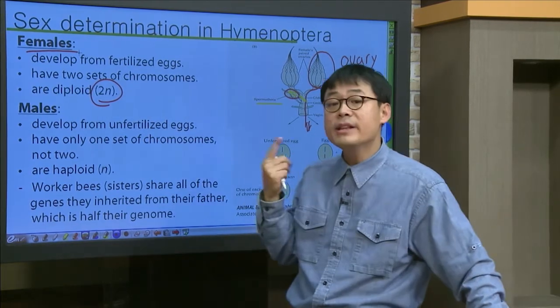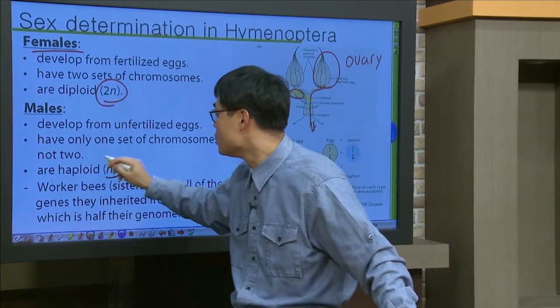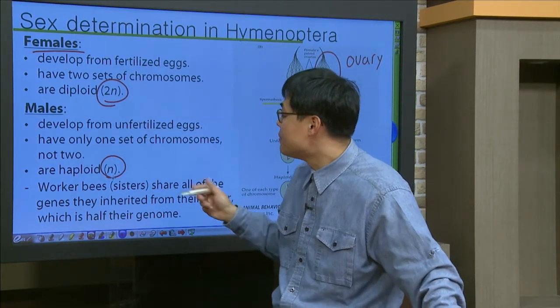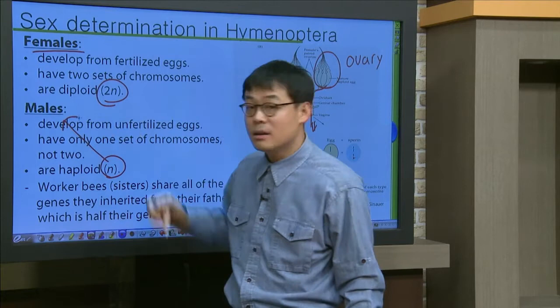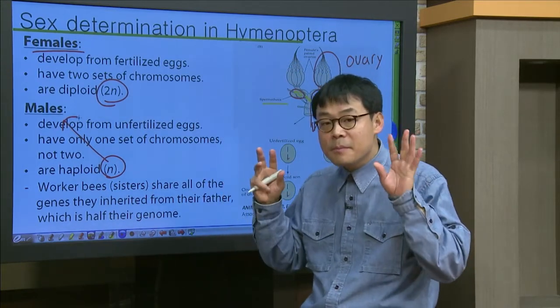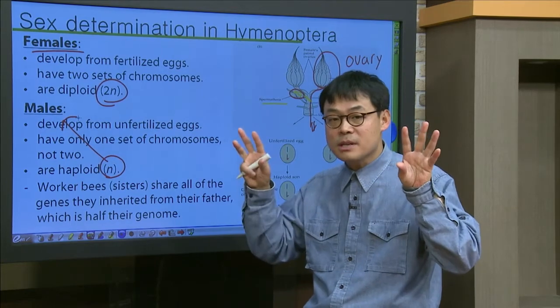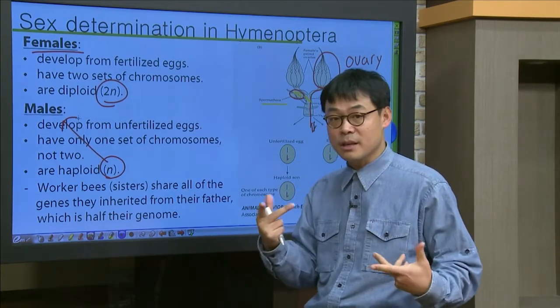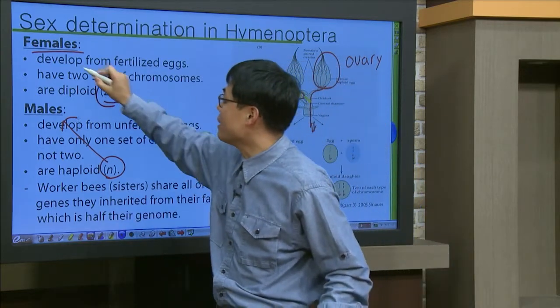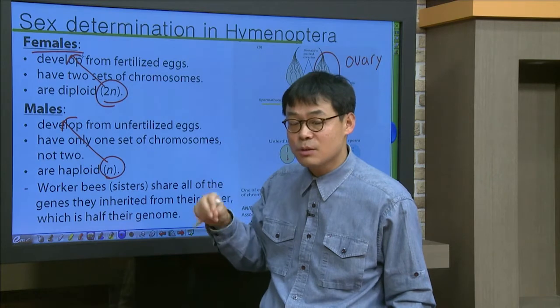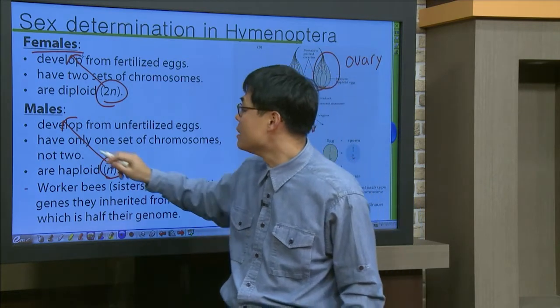You have only one set of chromosomes. If it's not fertilized with the sperm, if it's one set, it becomes a male. So if the egg and sperm are fertilized, then you have two sets of chromosomes like humans, then it becomes female. But if the egg is not fertilized with the sperm, then it becomes a male.